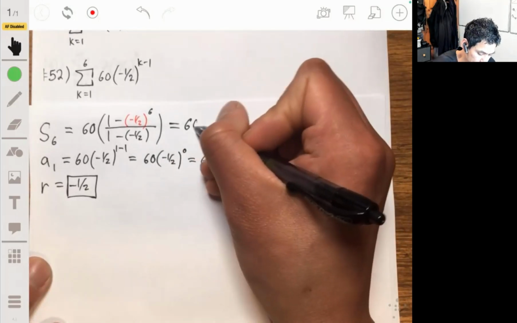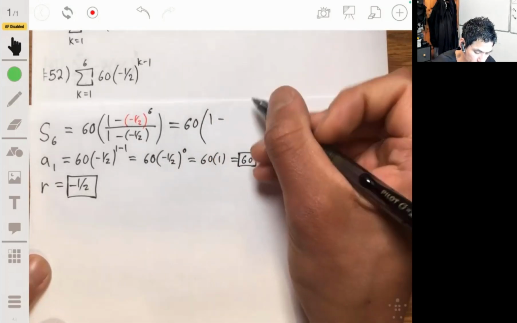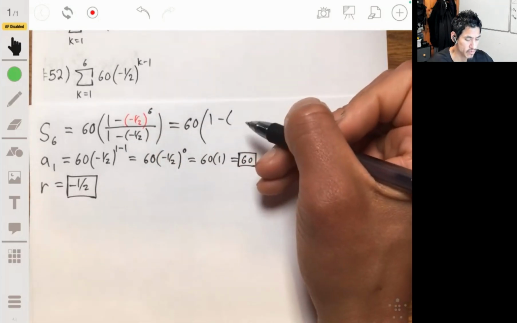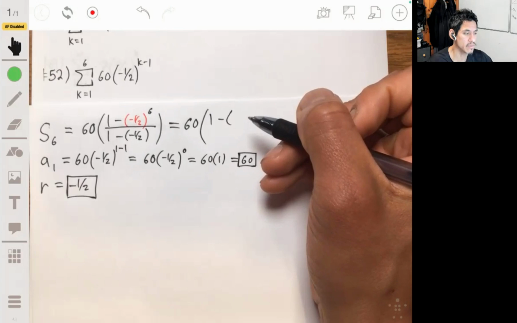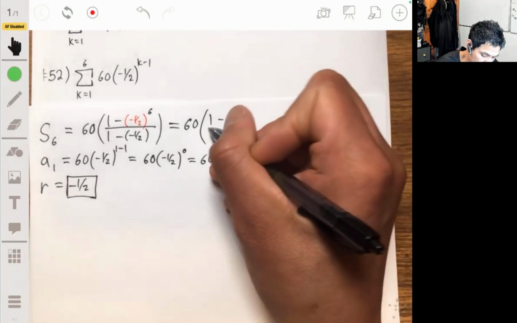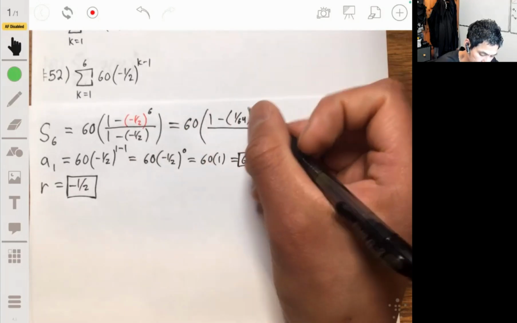This will be equal to 60 times 1 minus negative 1/2 to the 6, which will be a positive 2, 4, 8, 16, 32, 64. So positive 1 over 64, all over 3 halves.